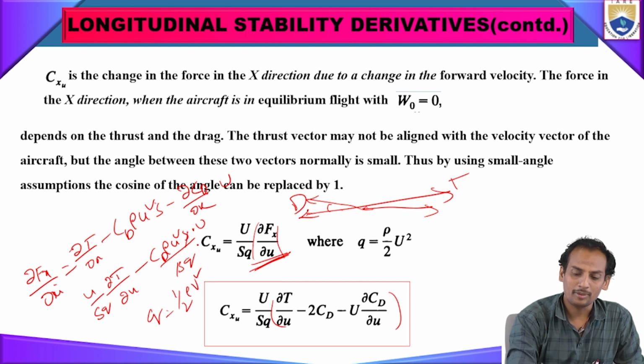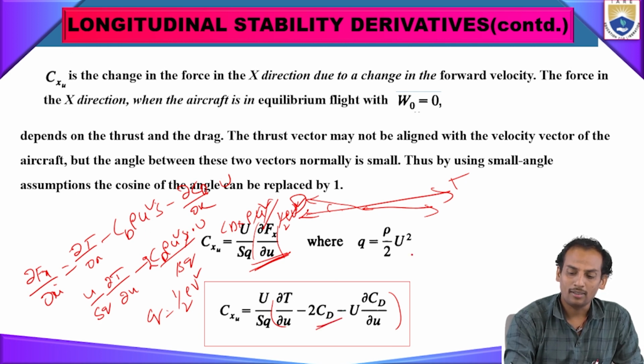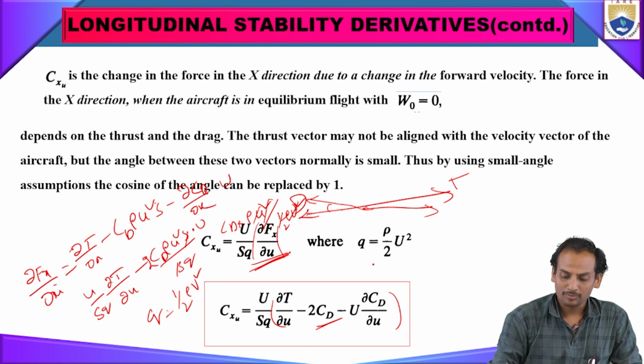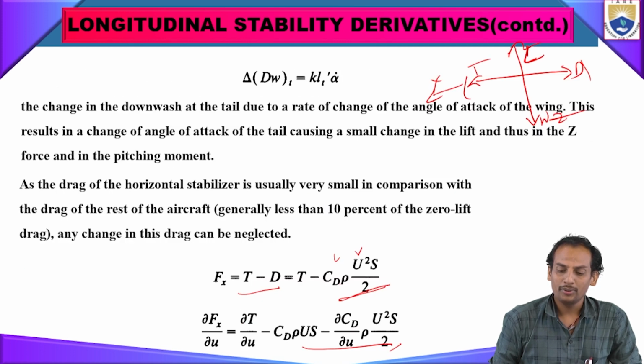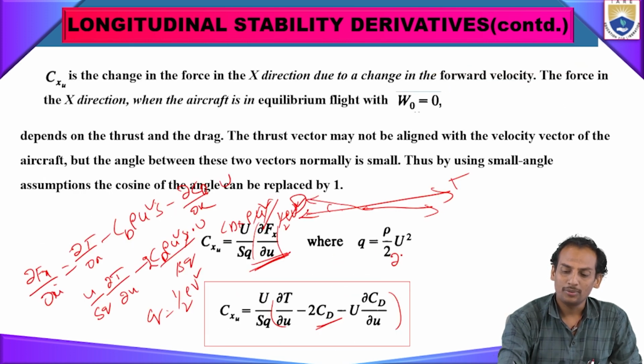Half ρ V², if you substitute here, it will be CD into ρ u² S by half ρ u² S. So ρ u² S cancels, and here it will be 2CD. Another term is ∂CD/∂u into ρ u² S by 2, into u by SQ.